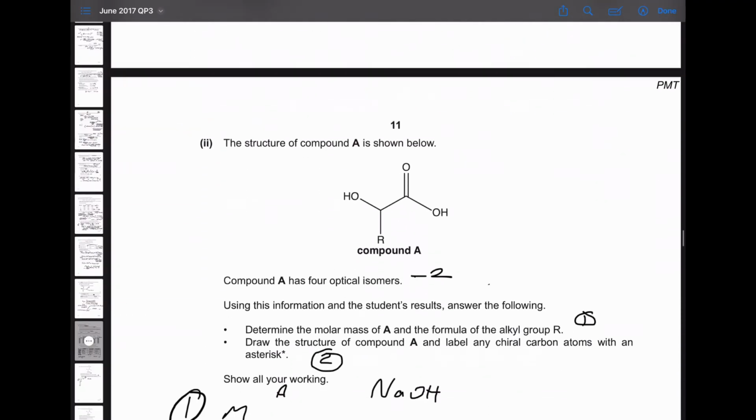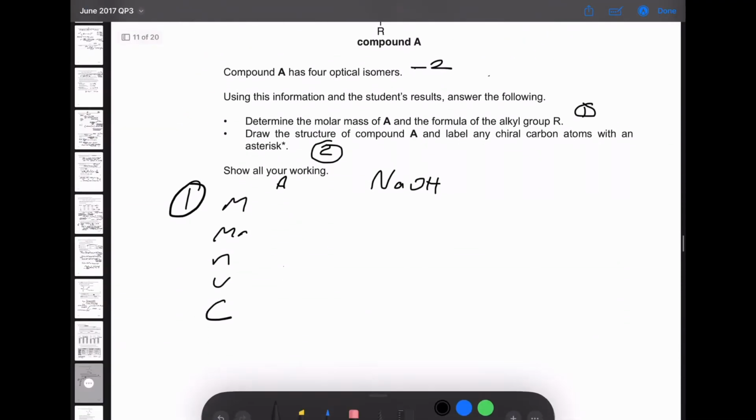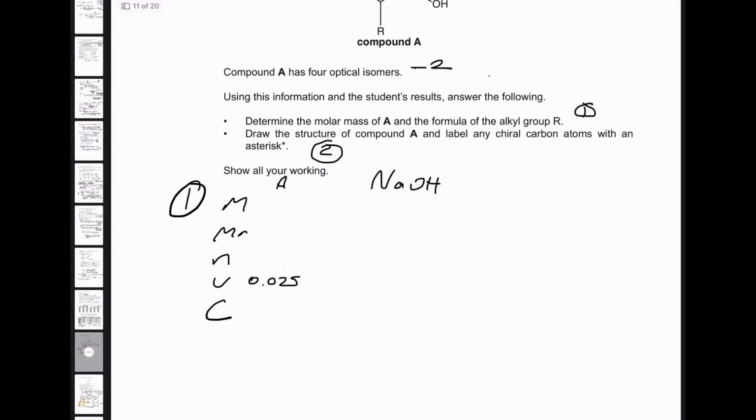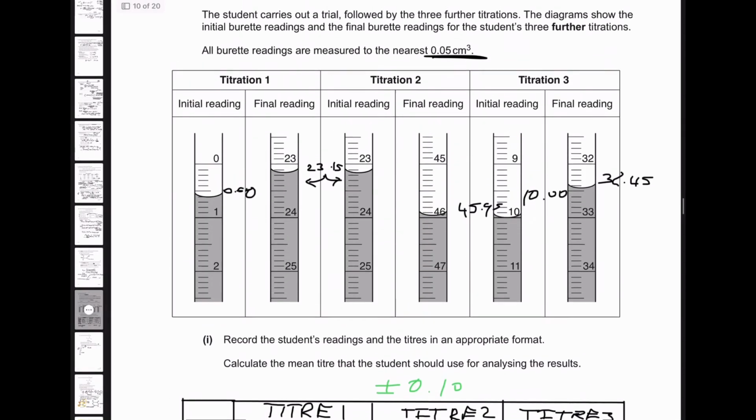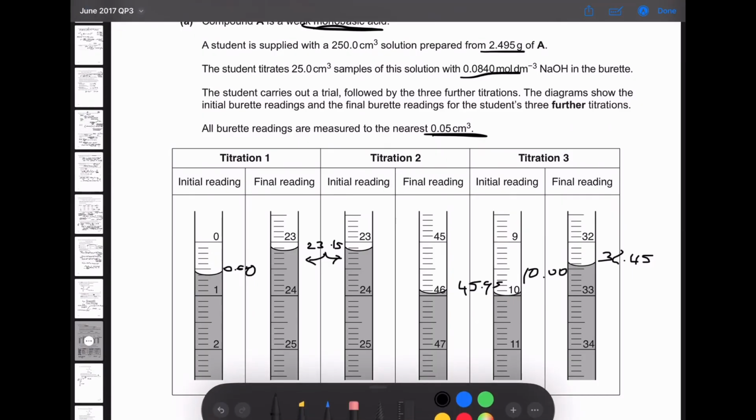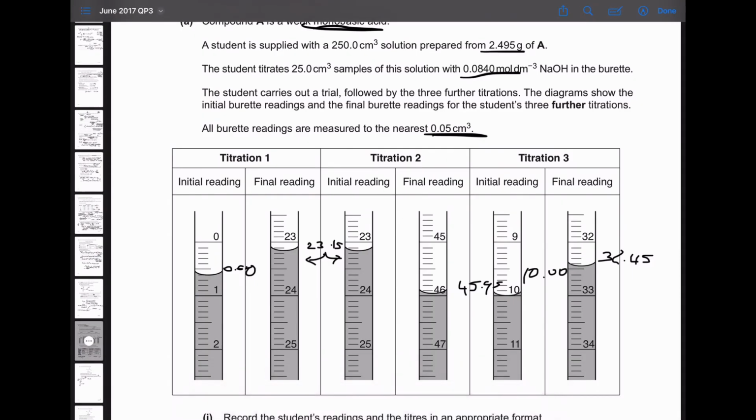And then what does it tell us? Well, it tells us that 25 centimeters cubed of this is used, so 0.025, and then sodium hydroxide is our titrated value because that's what's in the burette. It also tells us the concentration is 0.084 molar.